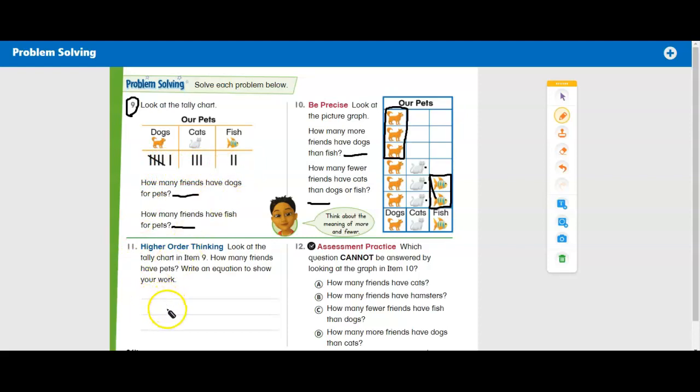Show your work below for what numbers you add together to get your answer. So add together all 3 of those numbers. How many friends have dogs, have cats, and have fish? Show your work and the answer below for number 11.